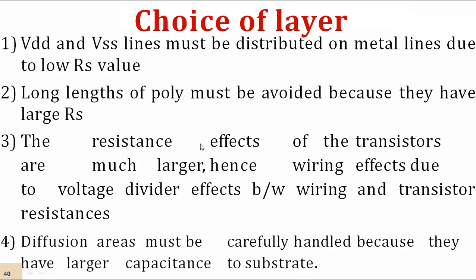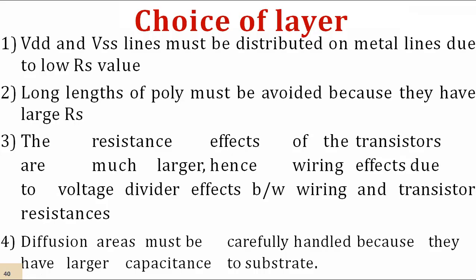The resistance effect of the transistors is much larger, hence the wiring effect is due to the voltage divide effect between the wires and transistor resistors. Diffusion areas must be carefully handled because they have larger capacitance to substrate. If there is more diffusion, then automatically capacitance is more.